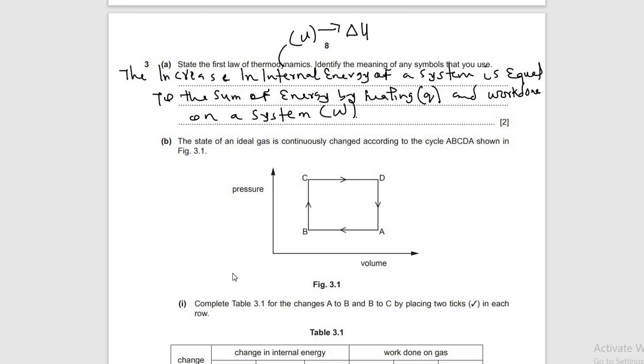The increase in internal energy of a system is equal to the sum of energy by heating Q and work done on the system W.